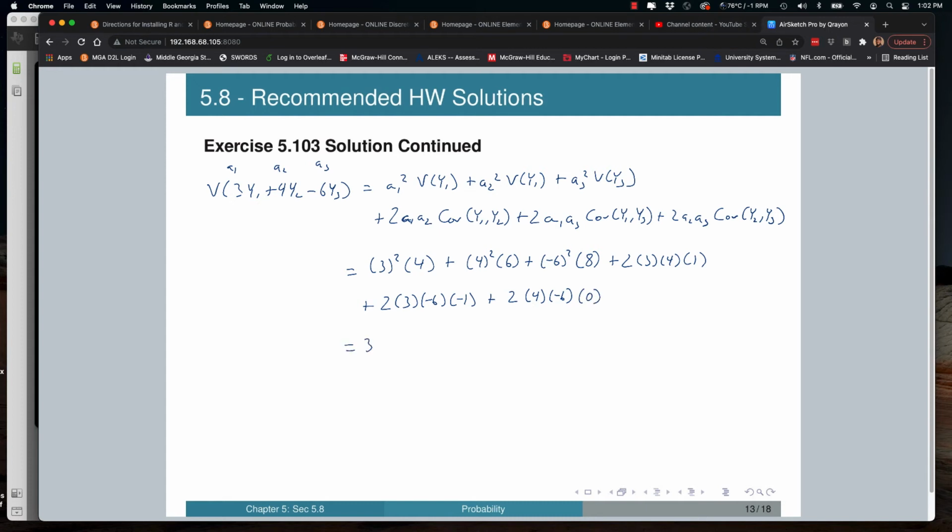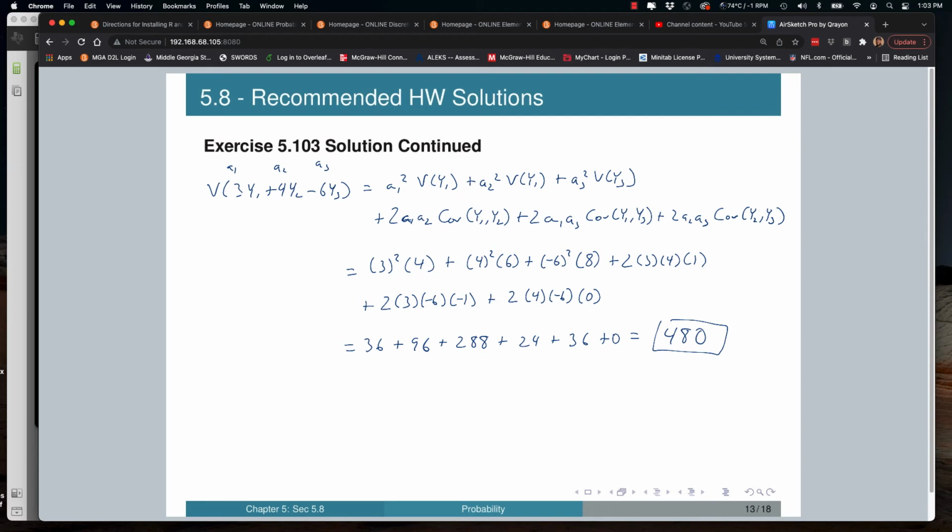So we end up getting 36 plus 96 plus 288 plus 24 plus 36, and then plus 0, which gives us a grand total of 480. So there's your variance for that linear function. And that's it for that one.